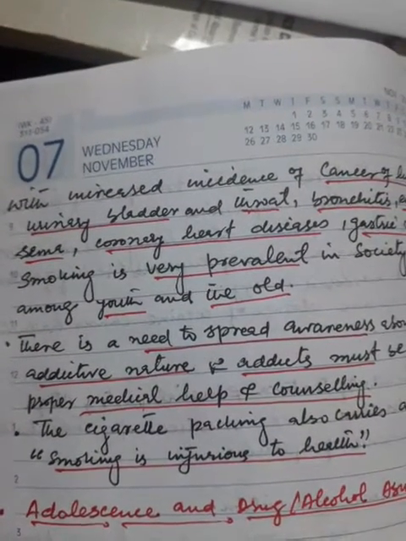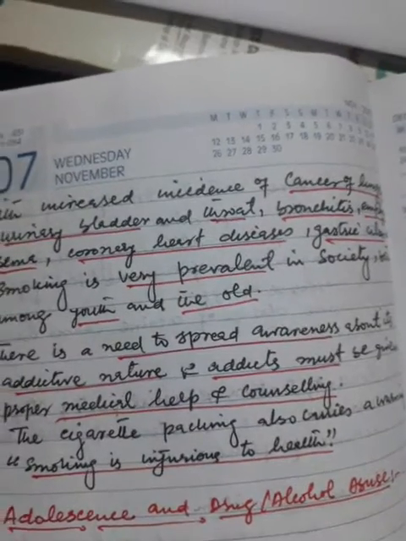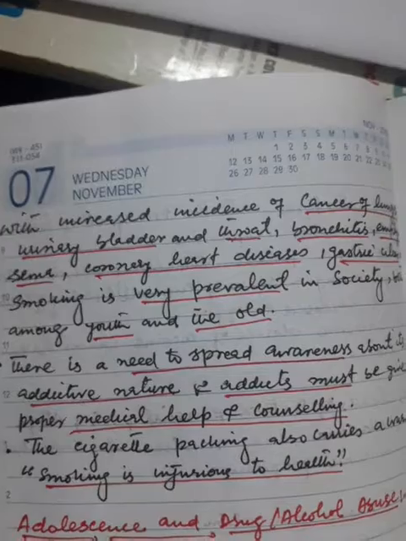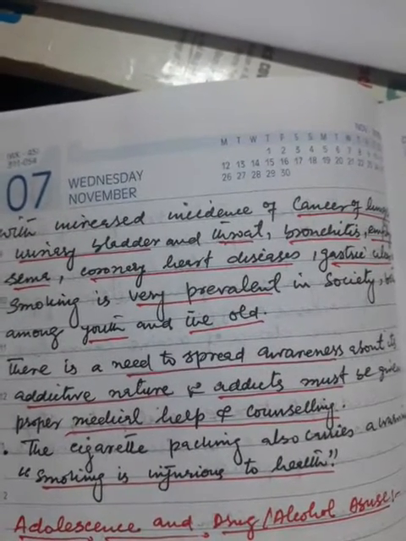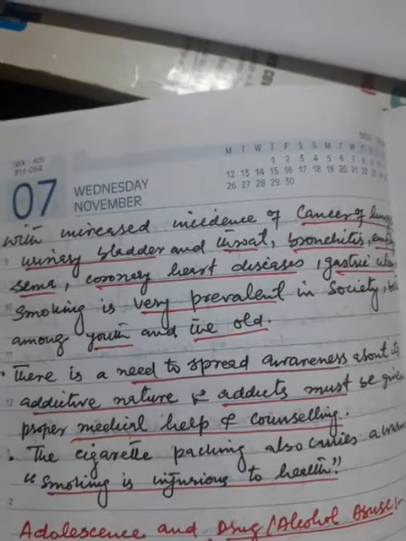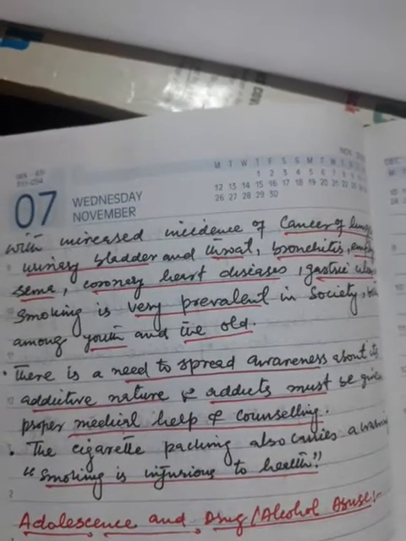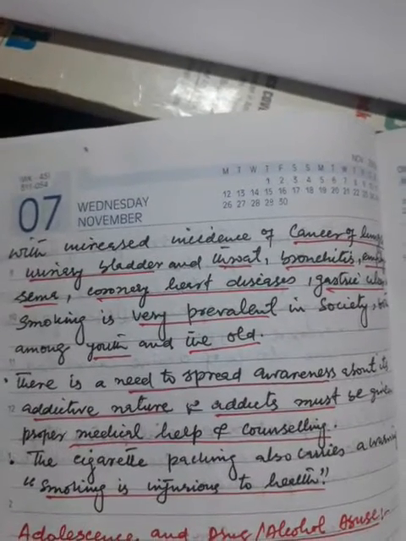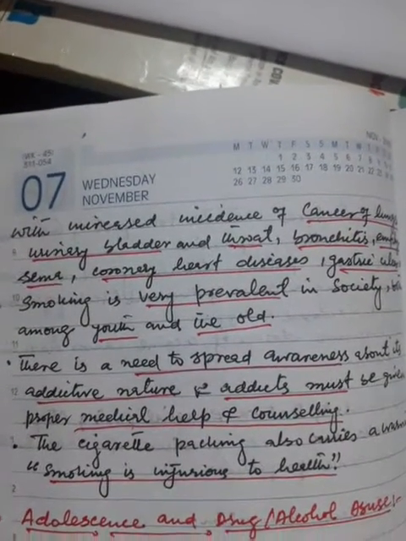There is a need to spread awareness about its addictive nature, and addicts must be given proper medical help and counseling. The cigarette packets also carry a warning: smoking is injurious to health.